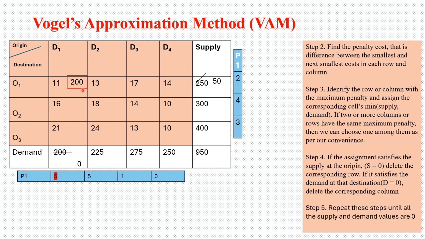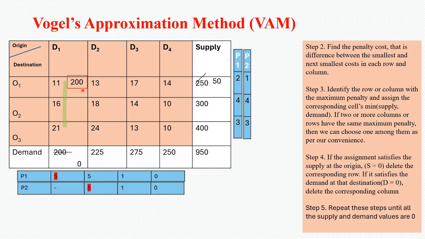Now, find penalty P2 for all rows and columns excluding the deleted column. P2 for first row is 14 minus 13, which is 1, for second row is 14 minus 10, which is 4, and third row is 13 minus 10, that is 3. Find P2 for second column, as the first column is deleted, 18 minus 13, which is 5, third column 14 minus 13, that is 1, and last column 10 minus 10, which is 0.